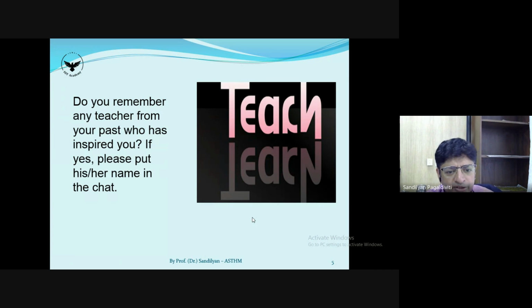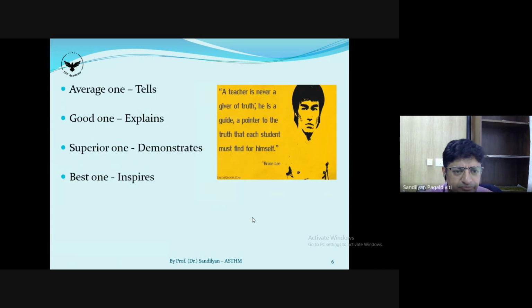Can we move on to the next slide? Yeah. So here you see I have put a thought here which tells you about the traits of a teacher, the capability or the way the teacher is perceived by the audience.